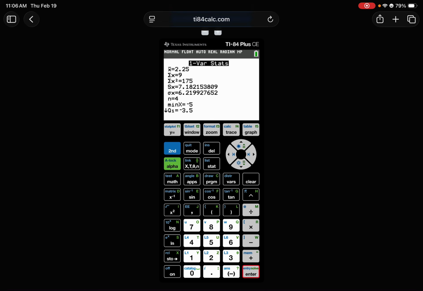So I see right here my mean, that x bar at the top, is 2.25, and then my sample standard deviation is 7.18. So that's everything that I need. I need the mean, x bar, and the sample standard deviation, s.